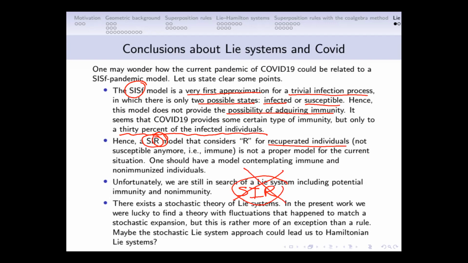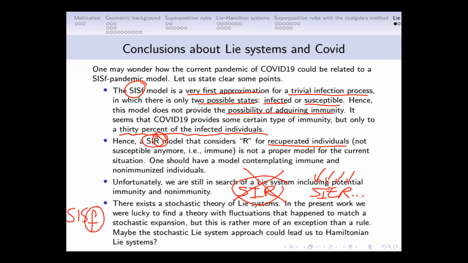But there are many models like SAIR and others with five letters. That means lots of things. I haven't tried all of them, but I have the suspicion that they wouldn't work either. And I think that the only reason why the SIS model works is because we added the fluctuations.